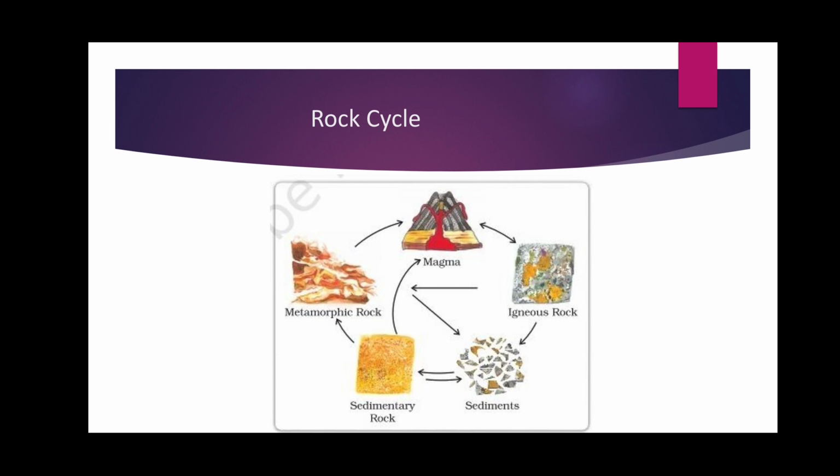Again the magma will come out, the lava will cool down, it will form igneous rocks, then sediments, then sedimentary rocks, then metamorphic rock, and again it will melt into molten magma. So this process is continuously going on. So that is the rock cycle. The process of transformation of the rock from one type to another is known as the rock cycle.